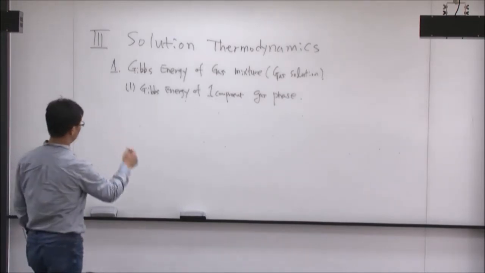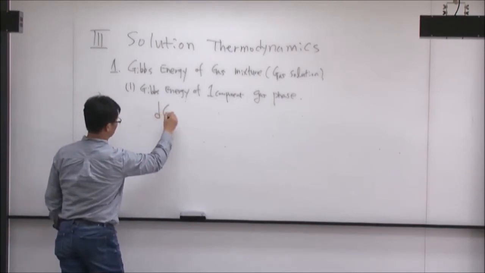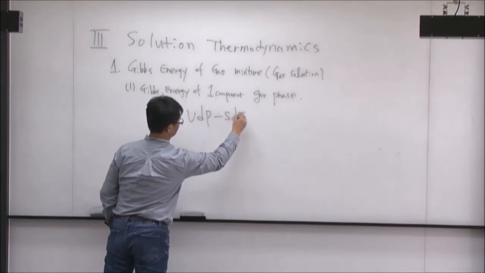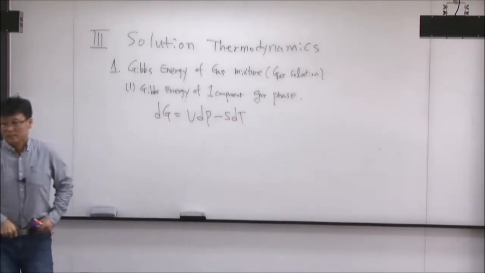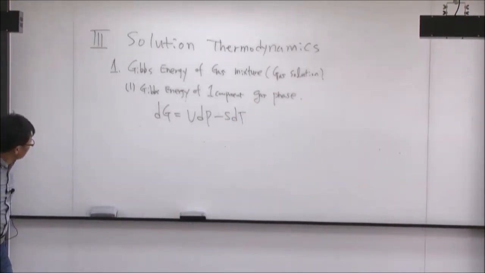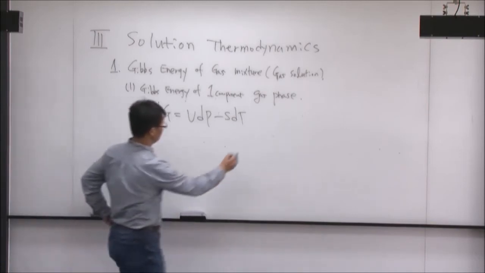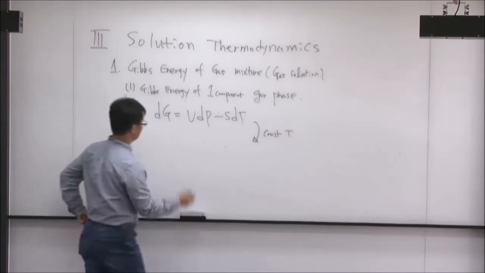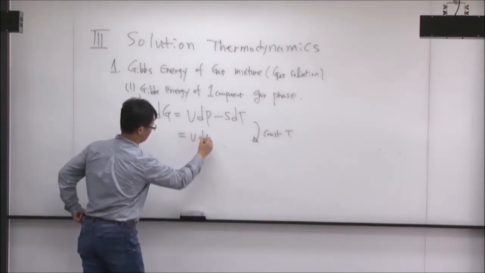We know one of the equations, dG equals VdP minus SdT. Do you recall this one? Let's start from this one. At constant temperature, this is equal to VdP.